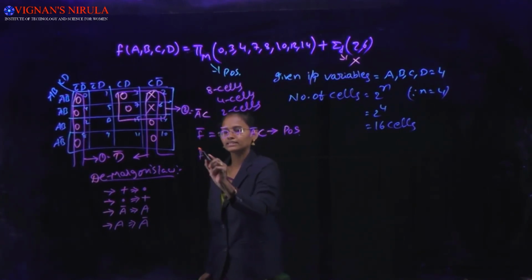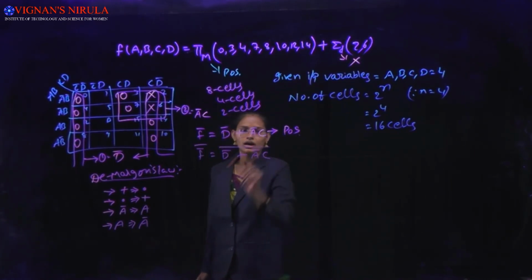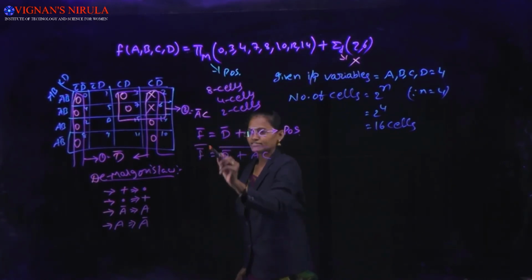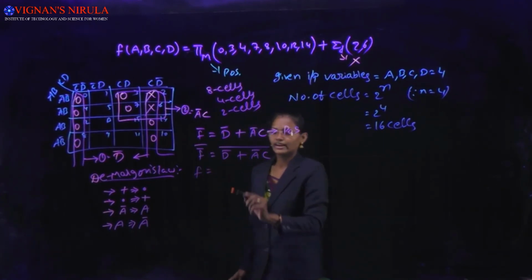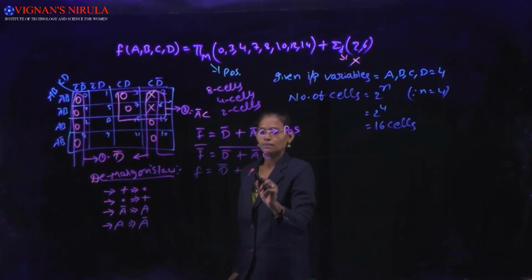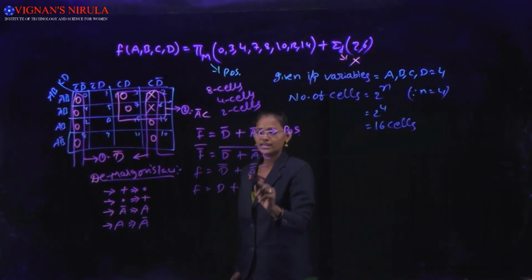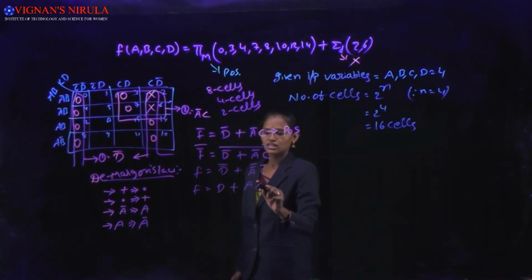First apply to F bar, F double bar equals D bar plus A bar C, whole bar. Next, F double bar is F. We write down the individual terms, D double bar and A double bar C bar, so F equals D plus A C bar.